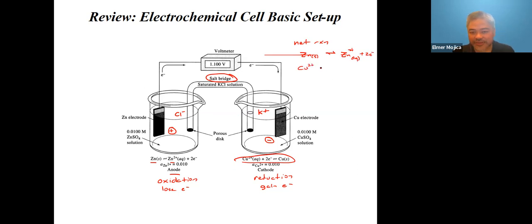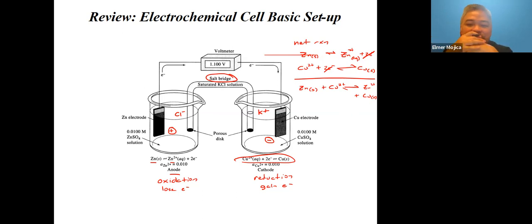And then you have your copper 2+ plus 2 electrons, and then you have here copper. And then, so the net reaction that we have is zinc plus copper 2+ producing zinc 2+ plus copper.